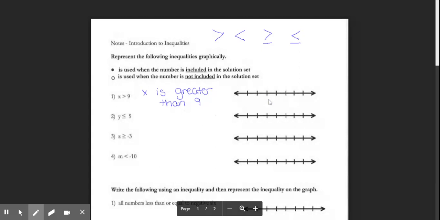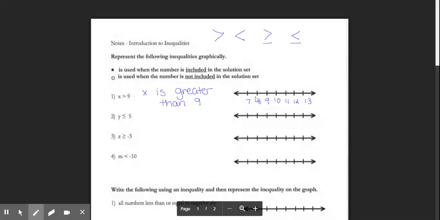And you can put that number anywhere you want on the number line. So I will plot it here. Bigger numbers always go to the right. So the numbers bigger than 9 are 10, 11, 12, 13, and so on. The numbers that go to the left are the numbers that are smaller. So that would be 8, 7, 6, so on and so forth.